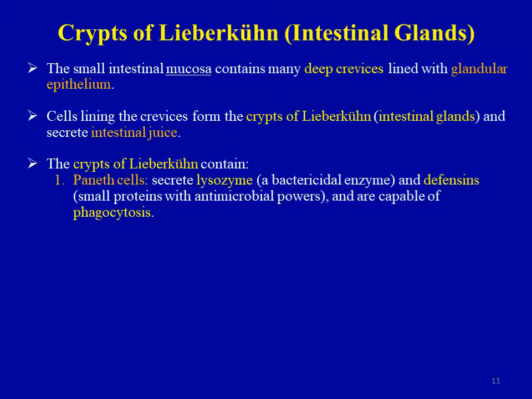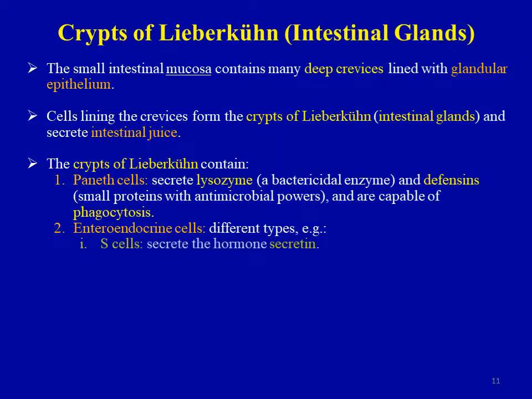Number 1, the Paneth cells that secrete lysozyme, a bactericidal enzyme, and defensins. These are small proteins with antimicrobial powers, and also Paneth cells are capable of phagocytosis. The enteroendocrine cells are a big family of cells. They secrete different hormones.